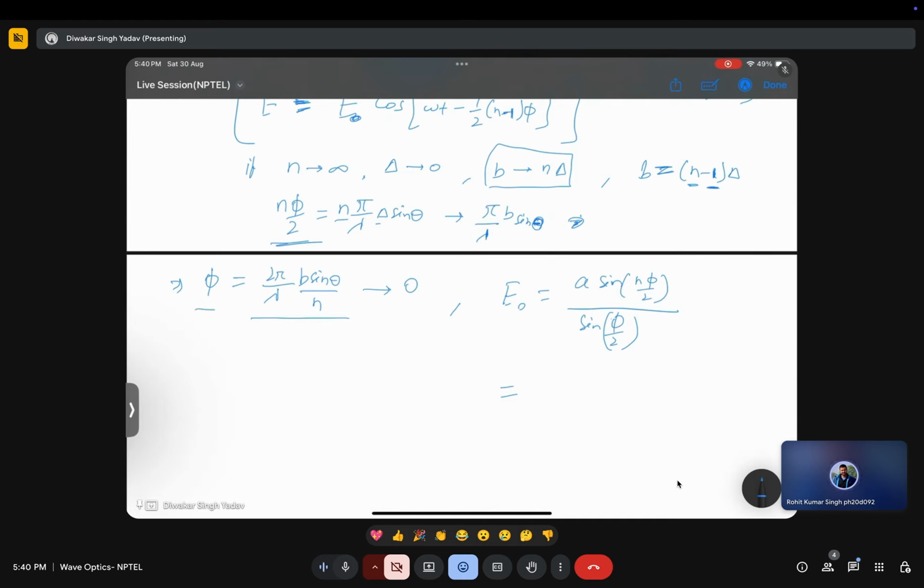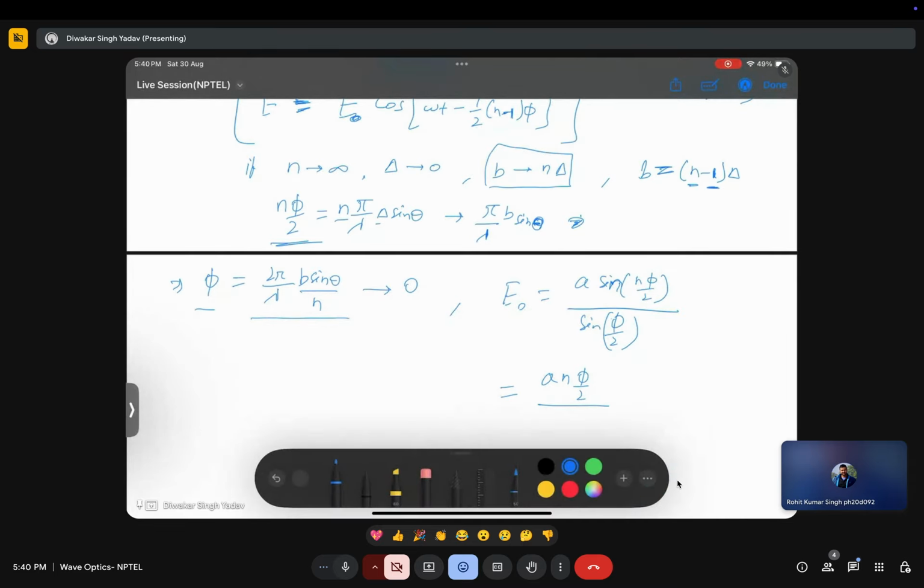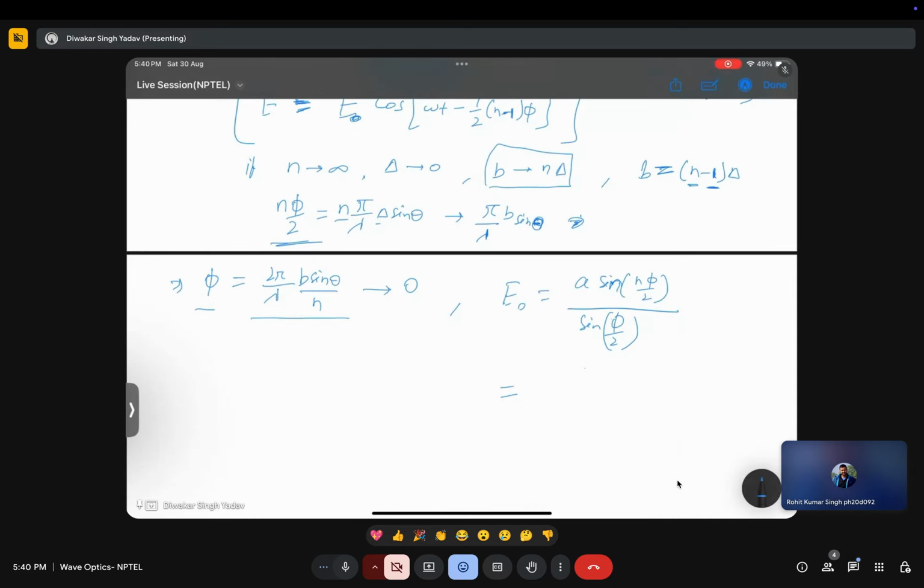Since phi tends to 0, in that limit it is just a sine n phi by 2 divided by... wait, sorry, n is there inside, so you cannot take it out because n is infinity here.